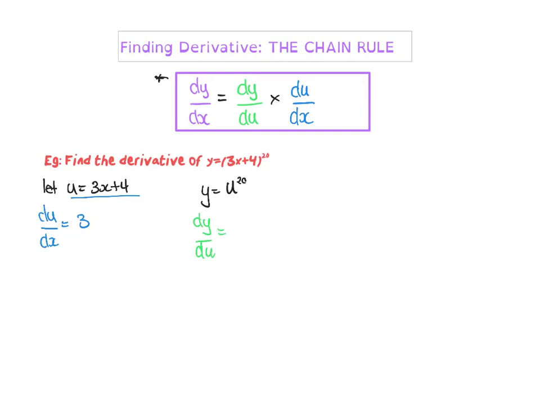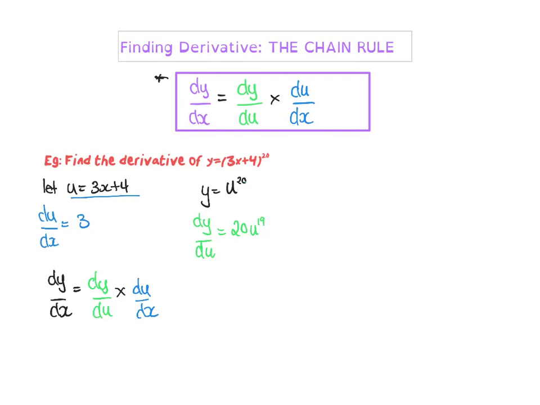So you would go 20 times u, and you reduce the power by 1 to 19. Now that you have those two, dy/dx equals dy/du times du/dx.